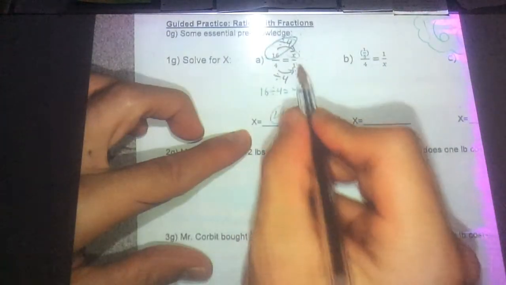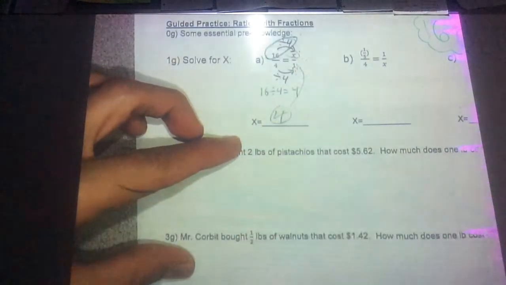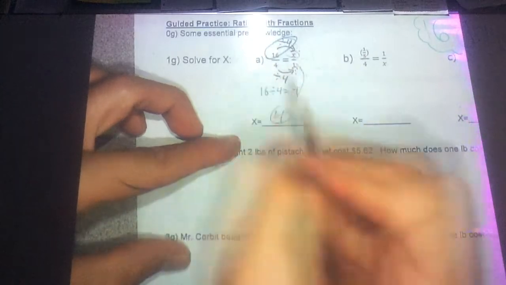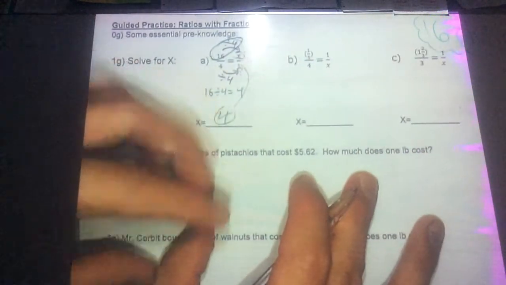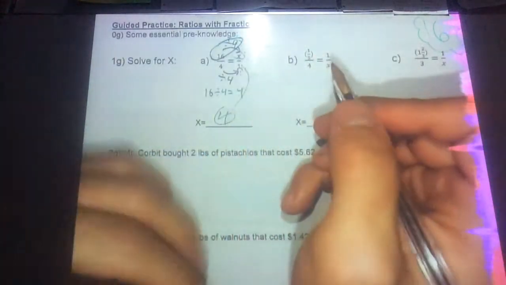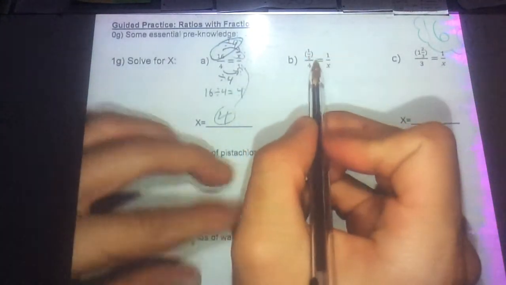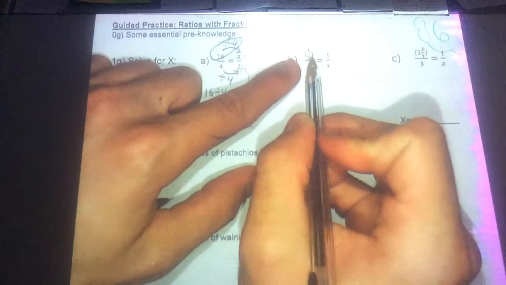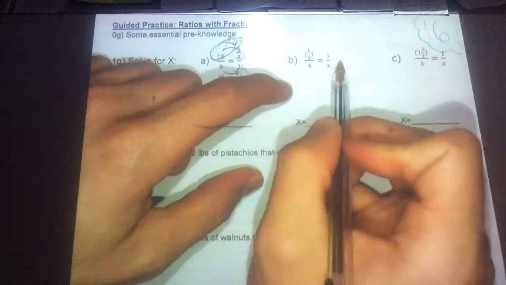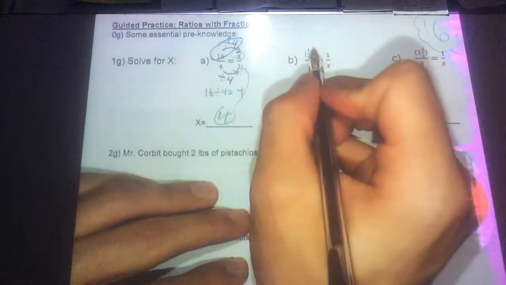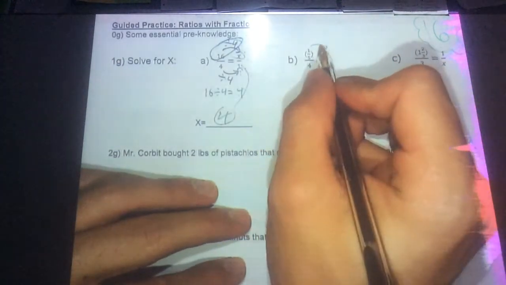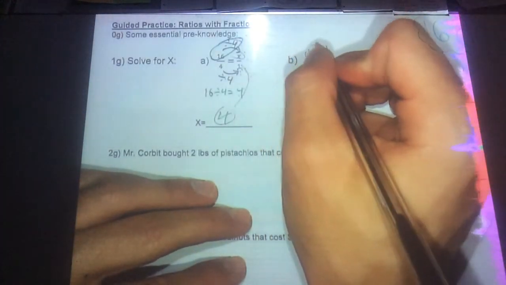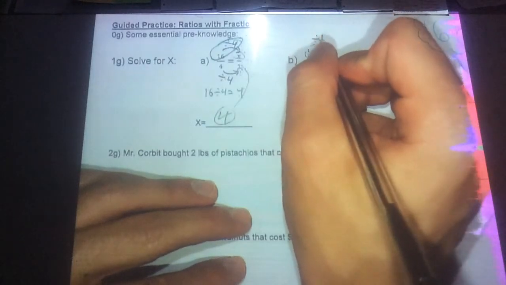And if you wanted to, you could substitute it back in just to make sure. 4 over 1 is equal to 16 over 4. Okay, now it's getting a little bit more complicated, but it's the same process. This time, it's 1/5 over 4 is equal to 1 over x. So I'm trying to get to 1, and 1/5 divided by something is going to be equal to 1, and that something is 1/5.